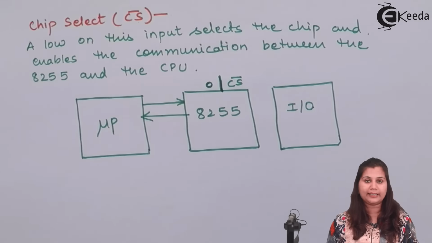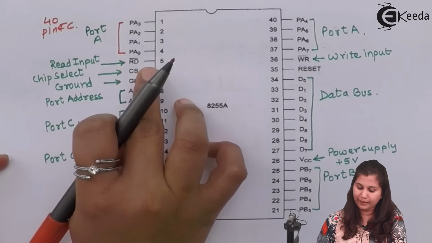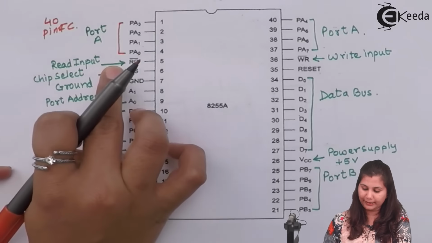Next we have RD bar, which is on pin number 5, the read input.